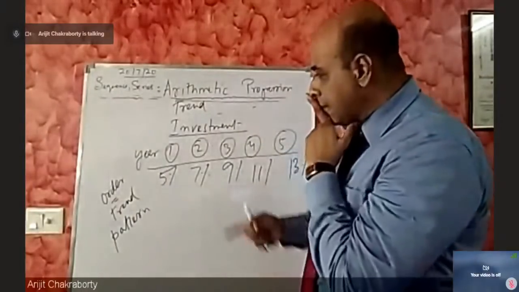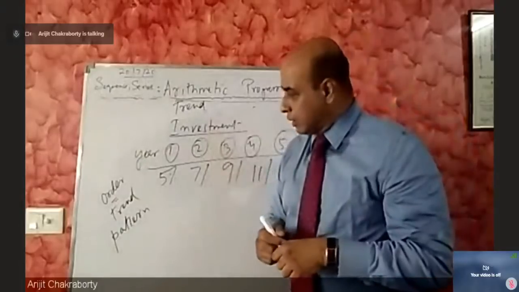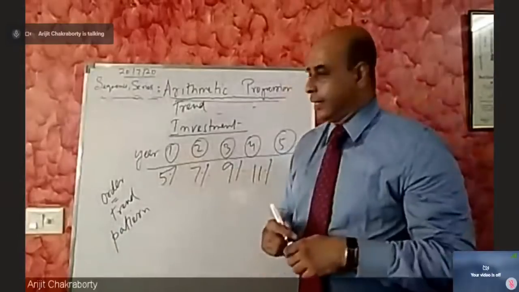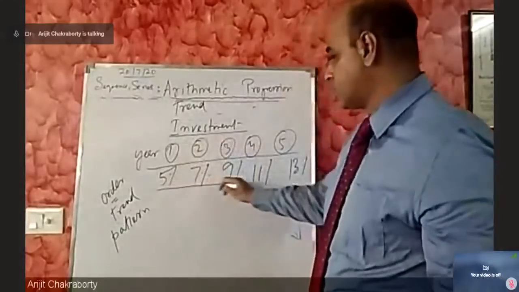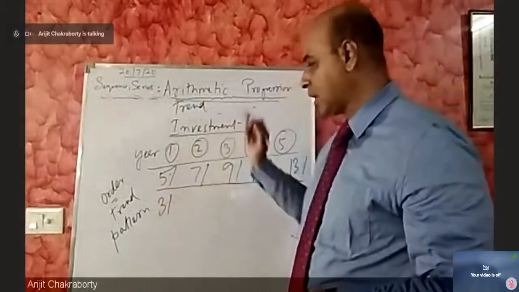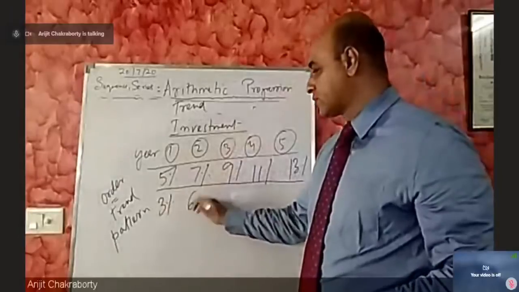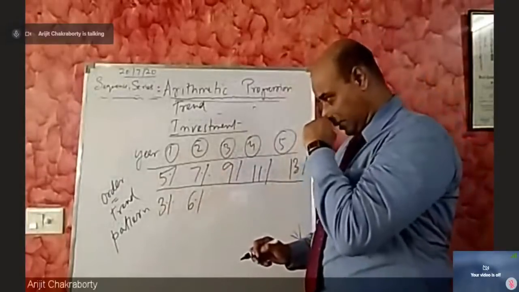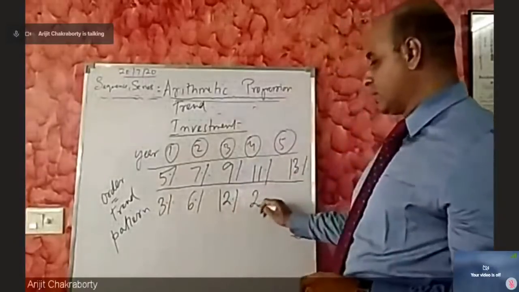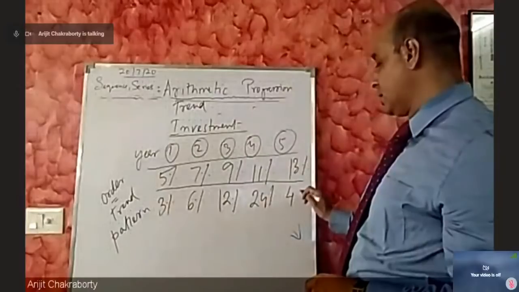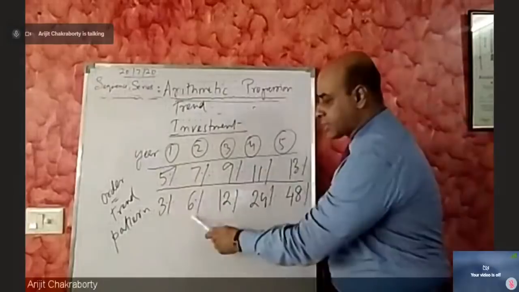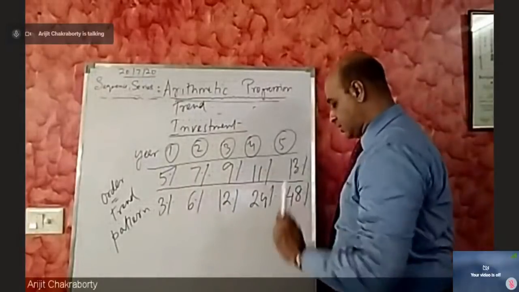Now, say in the first year you got a return of 3%. Next year you got a return of 6%. Third year 12%. Fourth year 24%. And fifth year 48%. 3, 6, 12, 24, 48.